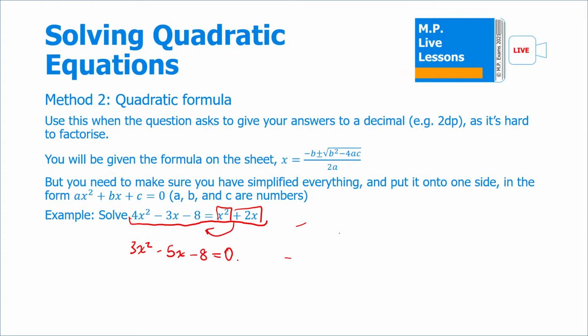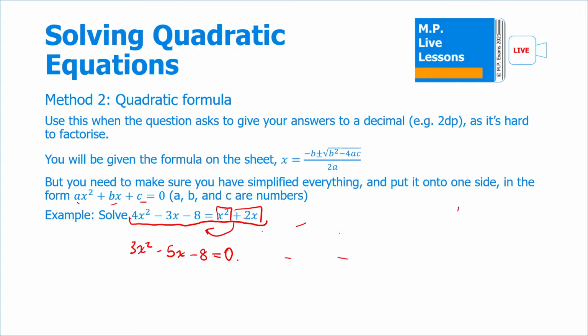From there, let me just check something. Right, it works. Then we just use the quadratic formula, so we need to identify a, b, and c.